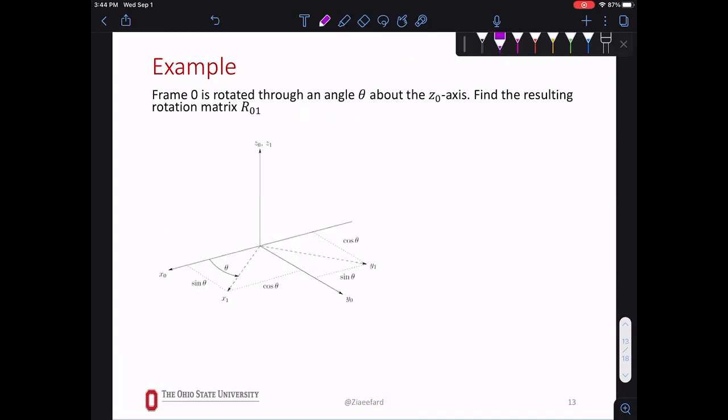We're going to find R01. You can use the projection method, the direction cosine method.